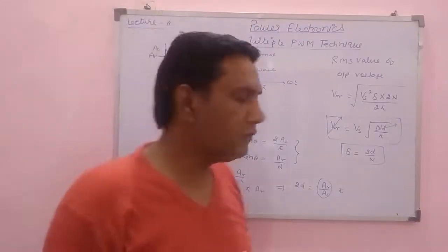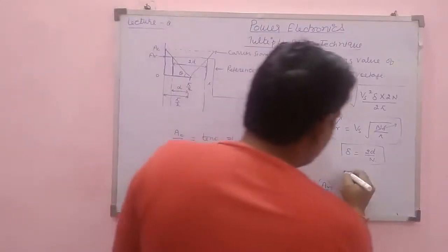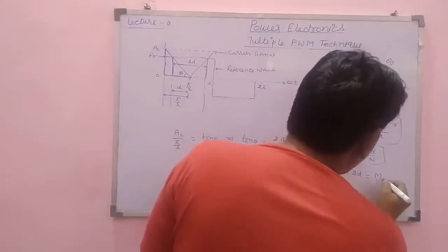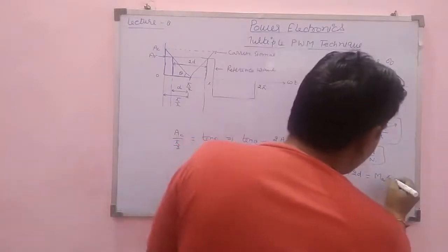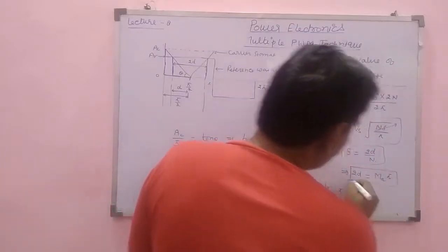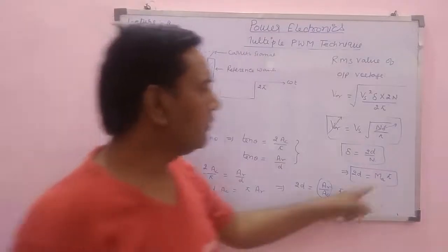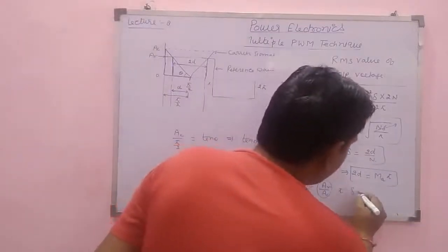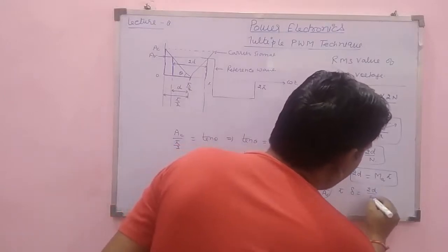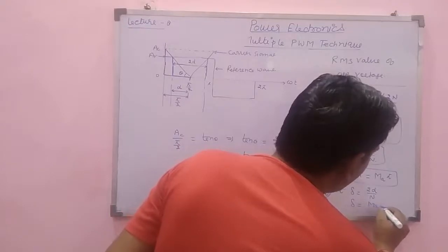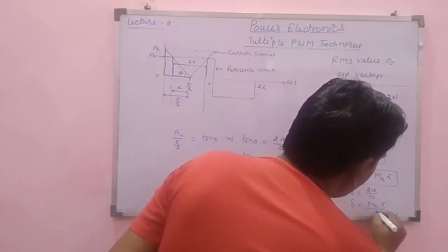I have discussed it in the previous lecture. So we can write that 2D is equal to the modulation index MA into pi. So this is the total width of pulse. 2D is equal to modulation index into pi. So delta is equal to 2D upon n. So delta can be written as MA pi upon n.